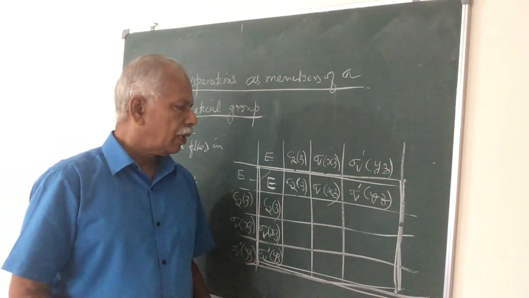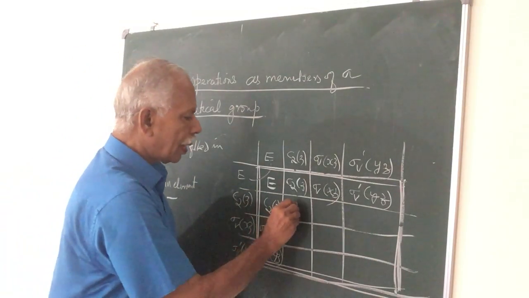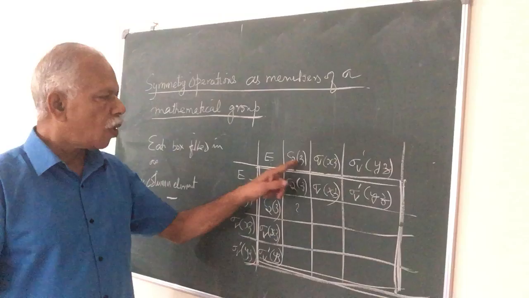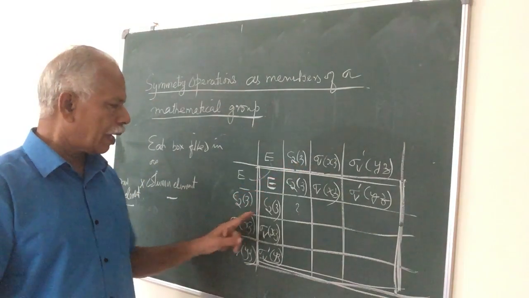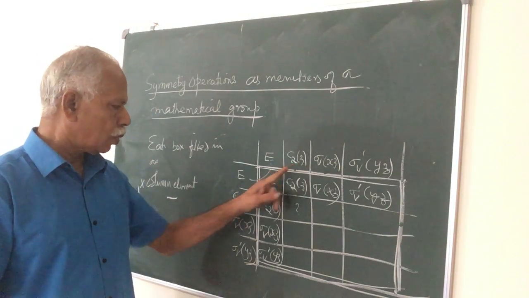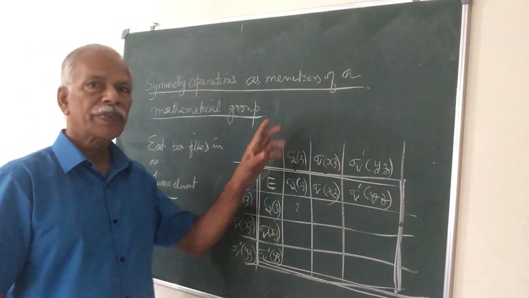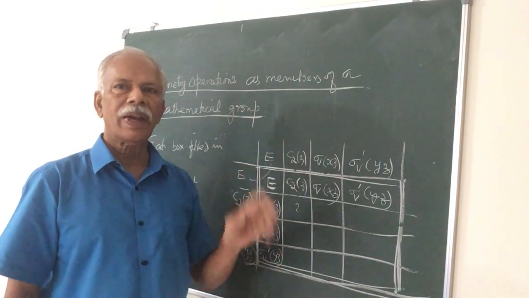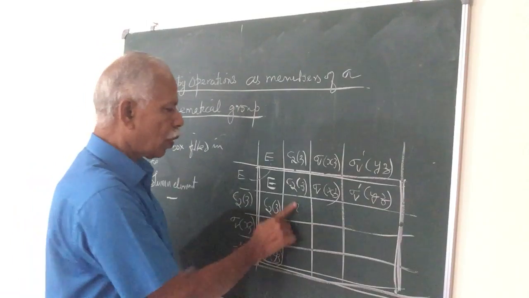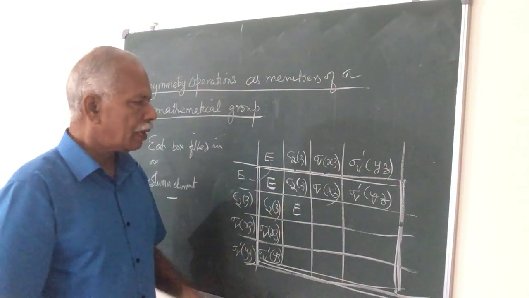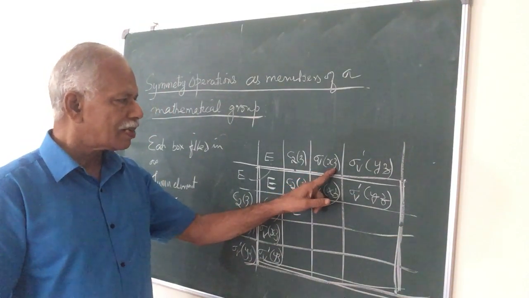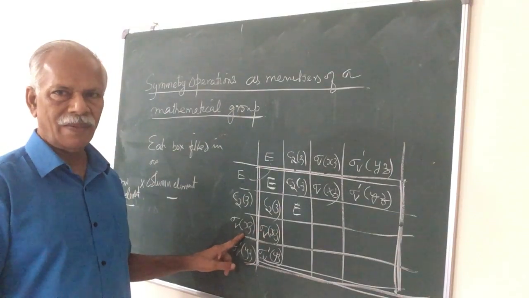Then what will you write here? It is column element followed by row element. It is C2 squared. We know Cn to the power n is identity. So C2 squared will be identity, and sigma v xz, sigma v xz.